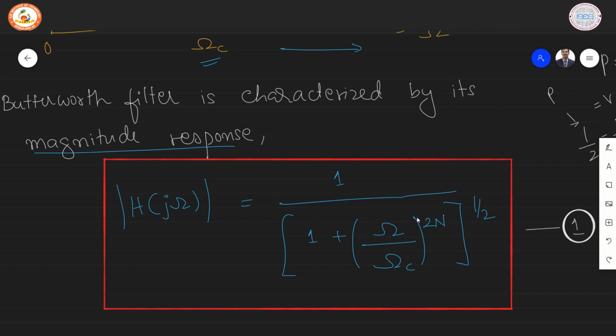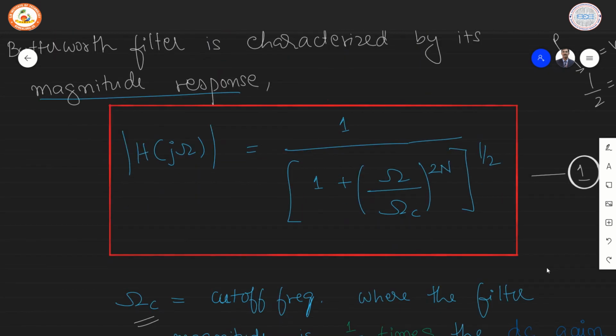This equation has to be understood as well as remembered. Now in this expression, we have the quantity omega c, which is the cutoff frequency measured in radians per second. Capital N describes the order of that particular filter.